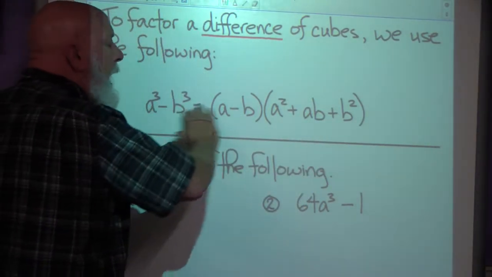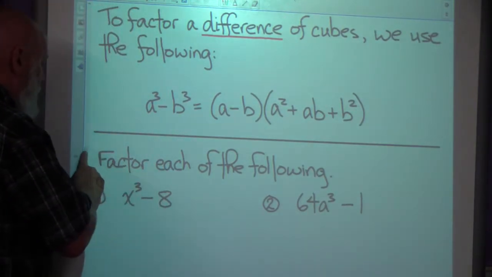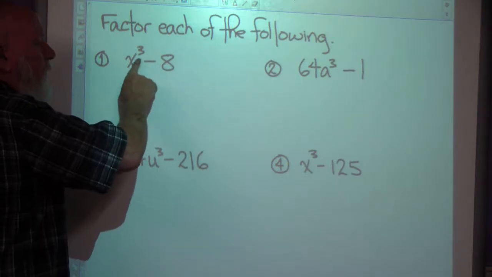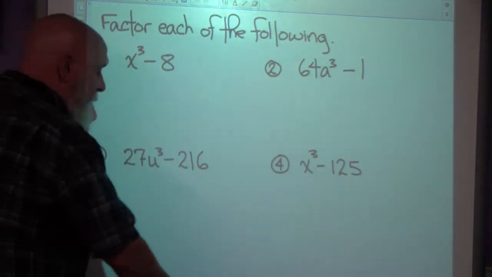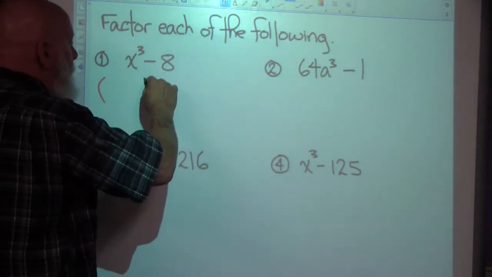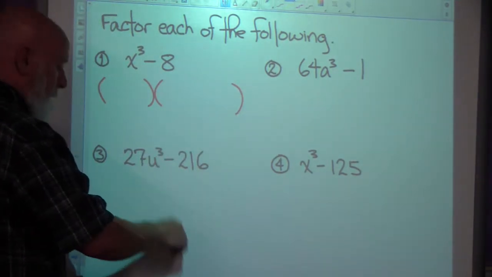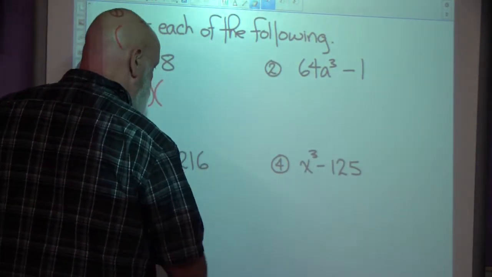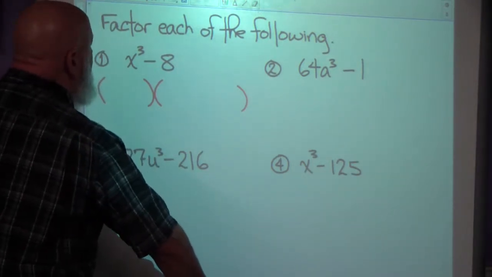And we're going to use the exact same pattern as a sum of cubes. I'm going to demonstrate that a few times, and here we go. I have a difference of 2 perfect cubes. That's x times x times x. That's 2 times 2 times 2. So I'm going to use the pattern that's established above. It's going to be a binomial times a trinomial. I'm going to pre-place my plus and minus signs.